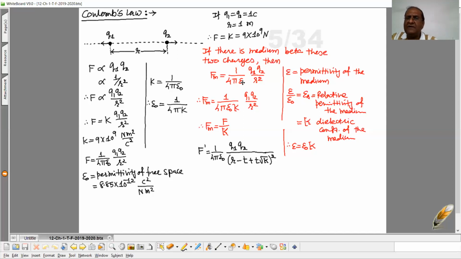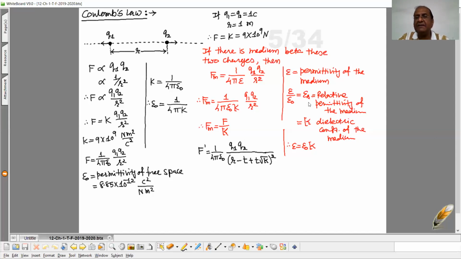So we can write the force between those two charges separated by distance r in any medium as 1 upon 4 pi epsilon Q1 Q2 upon r square, where epsilon is the permittivity of that medium. Now epsilon upon epsilon 0 is the relative permittivity of the medium, meaning the permittivity of the medium with respect to the permittivity of free space.